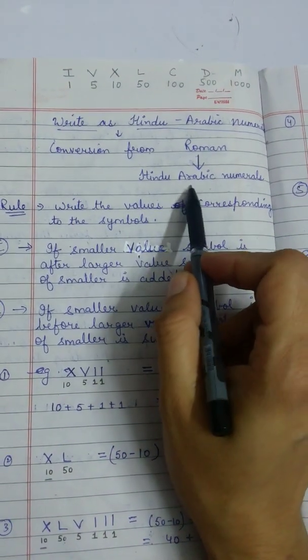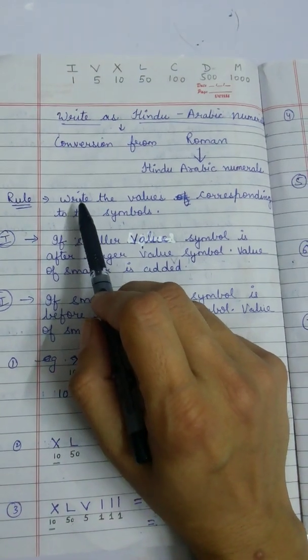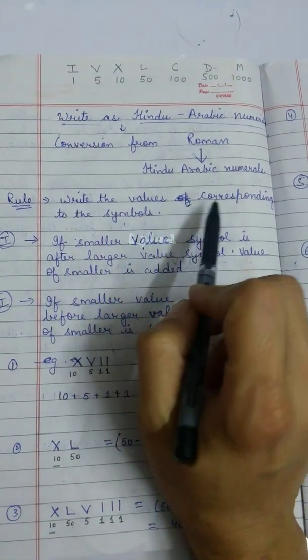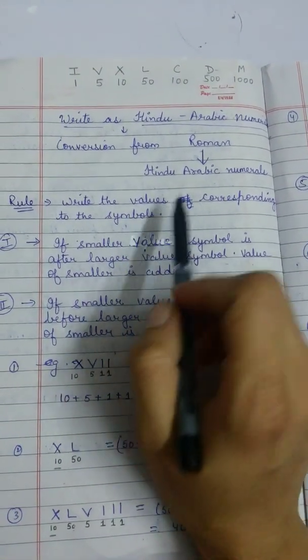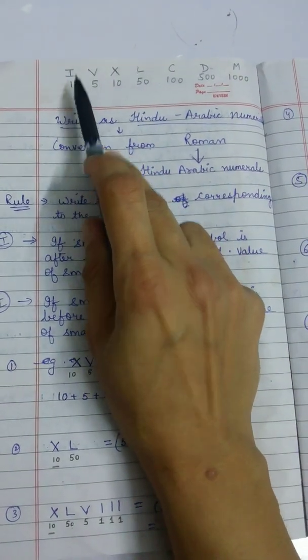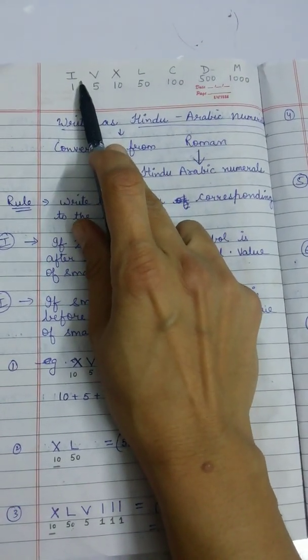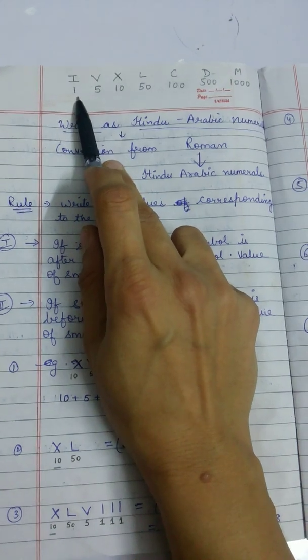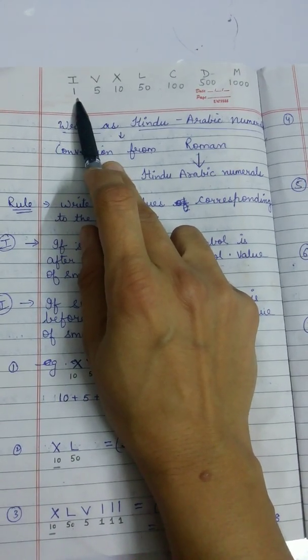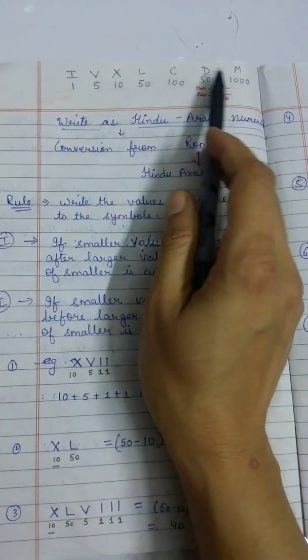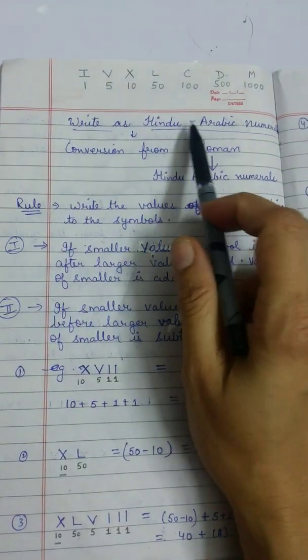Now for doing this, the first thing is to write the values corresponding to the symbols. That means if I has a value of 1, whenever I have the symbol I, I'll write the corresponding value 1 to it. Similarly for all other symbols.